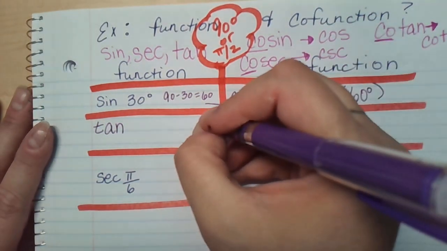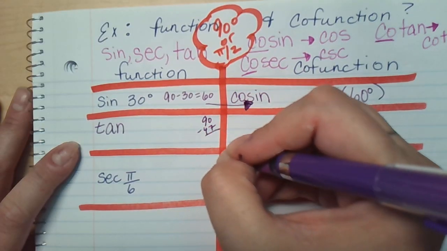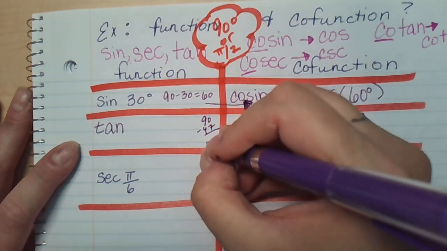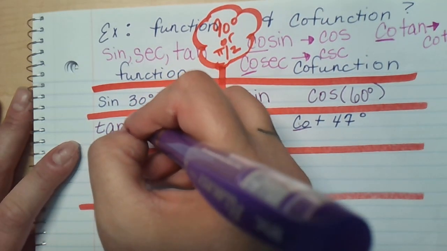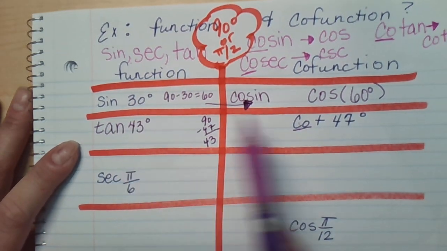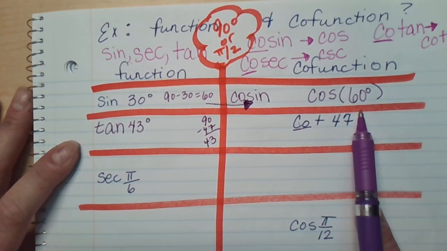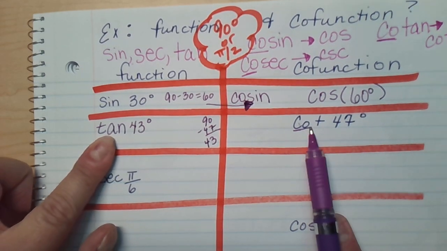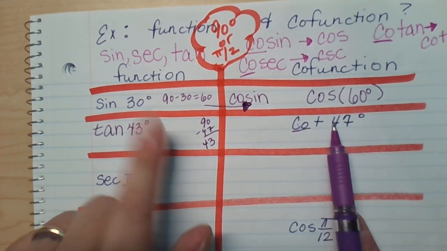And then let's subtract 90 minus 47, which gives you 43. So tangent 43 degrees is the cofunction of cotangent 47, because they're both the same word, tangent, cotangent, only one has a co in front of it, and our angles add up to 90.